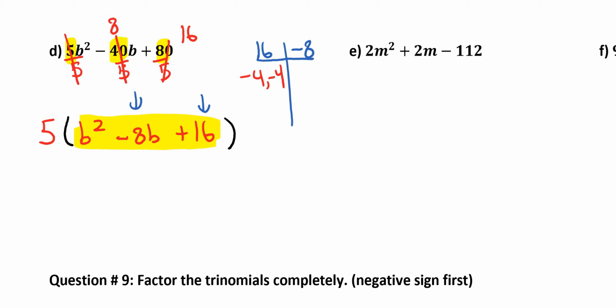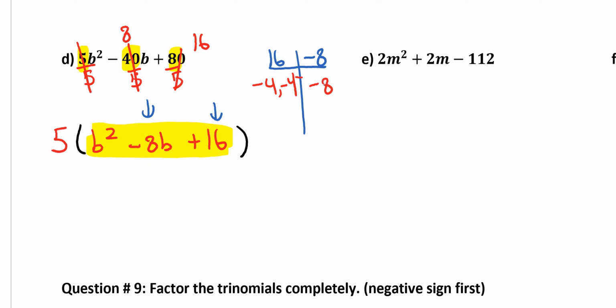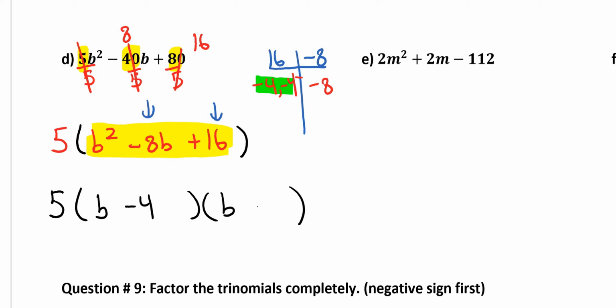So -4 times -4 is 16, and -4 minus 4 gives you the -8. In order to finish off, the GCF remains, and then I need two more brackets, and the numbers I'll be using inside the brackets are -4 and -4, so b minus 4 and b minus 4, and that would finish off that problem.